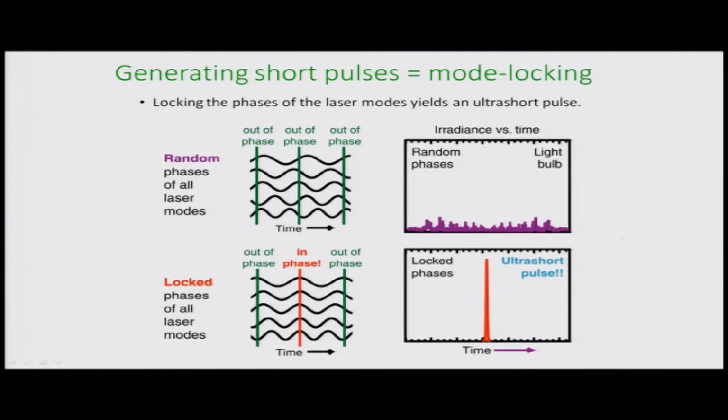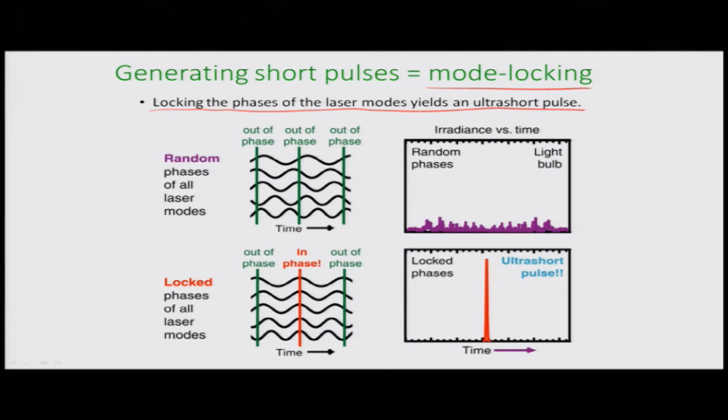So, here is the pictorial output of what we are looking at. Locking the phases of the laser modes yields an ultra short pulse, and that is mode locking. If you have random phases of all the laser modes, it is like this, with radiance versus time, and it is similar to what we have in the case of the light bulb also.